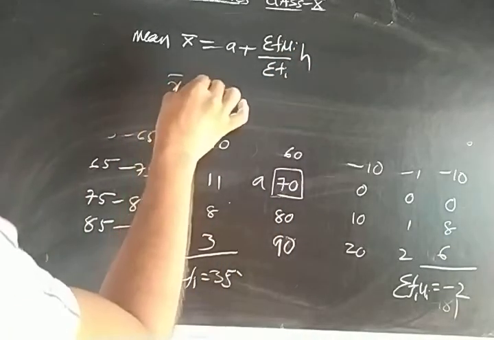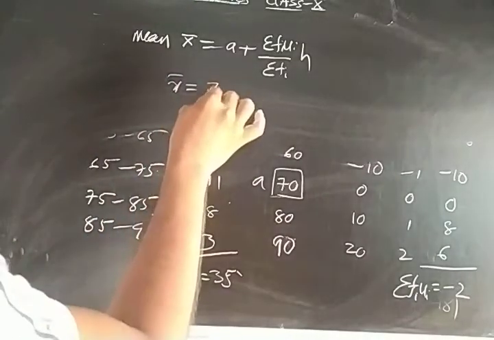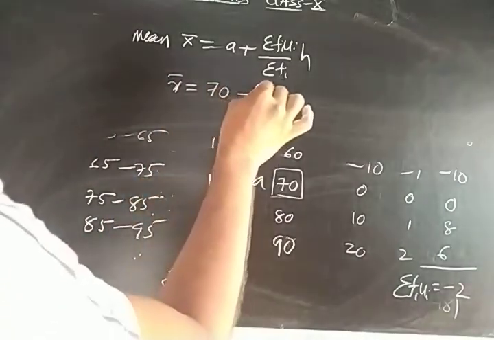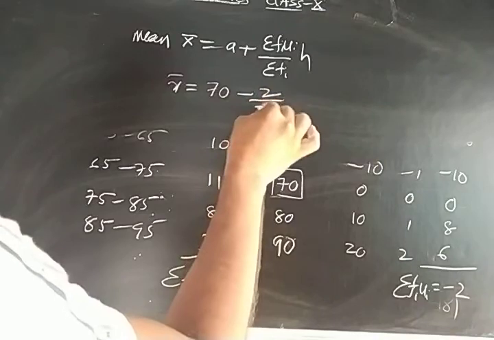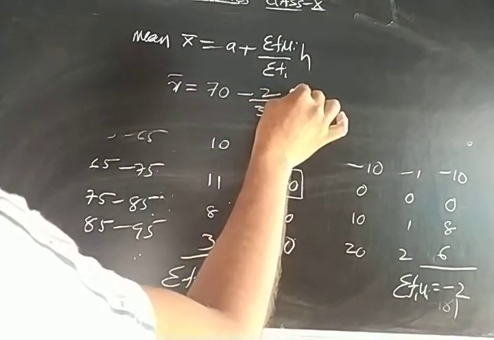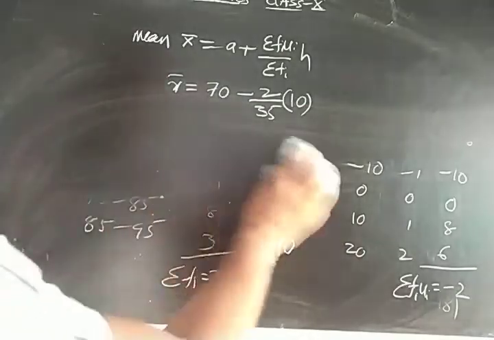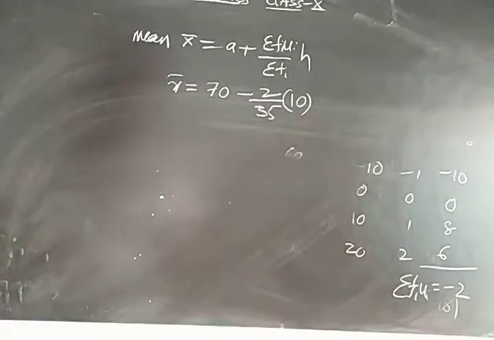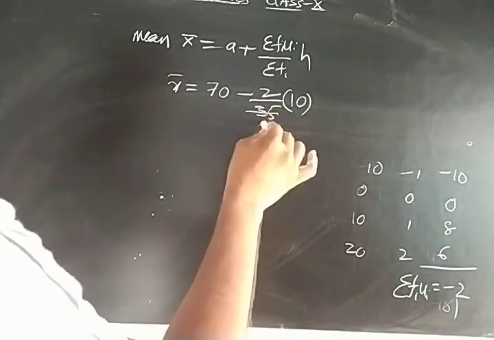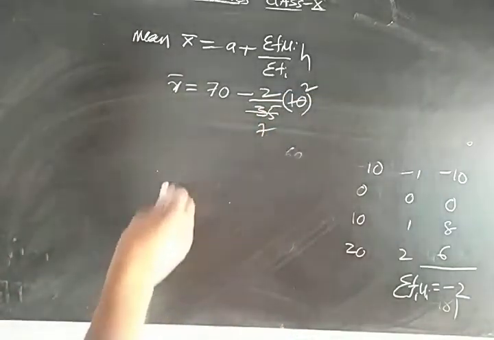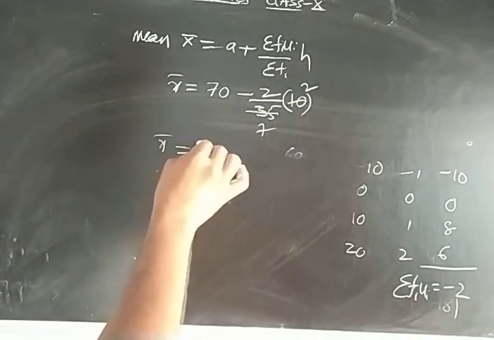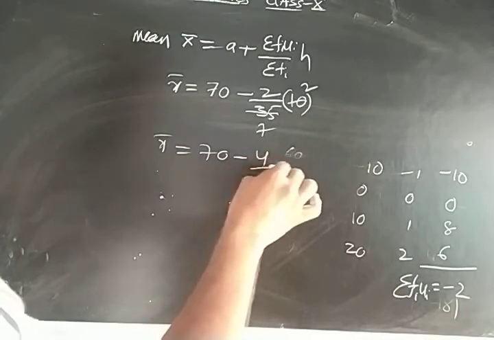So x bar equals 70 plus minus 2 by 35 into h, which is 10. By dividing, 5 7s are 35, so x bar equals 70 minus 4 by 7.